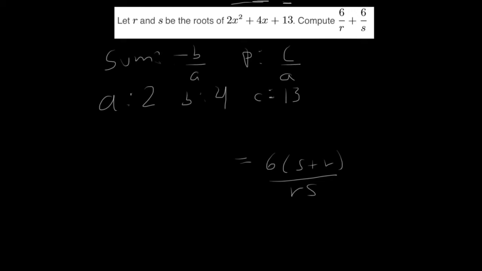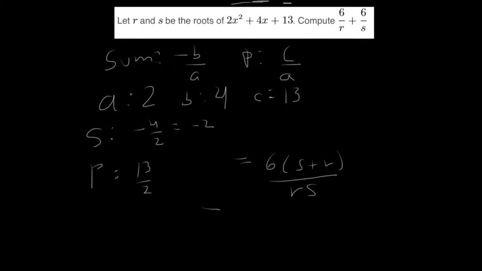Now let's plug these in for our sum and product respectively. The sum is going to be negative 4 over 2, or negative 2. And the product is going to be 13 over 2, because c over a.